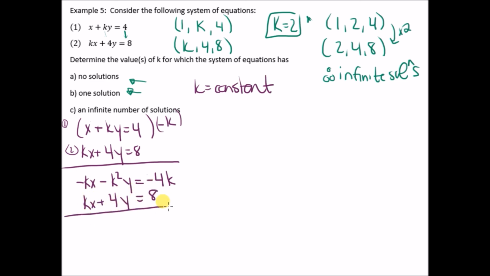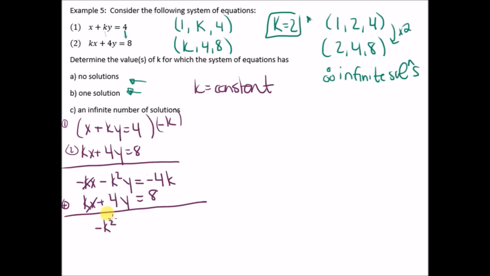Now we can add these two equations together, because negative kx plus kx cancel out. And then what do we have left over? Because negative k squared plus 4 is difficult to write, we can just group these.